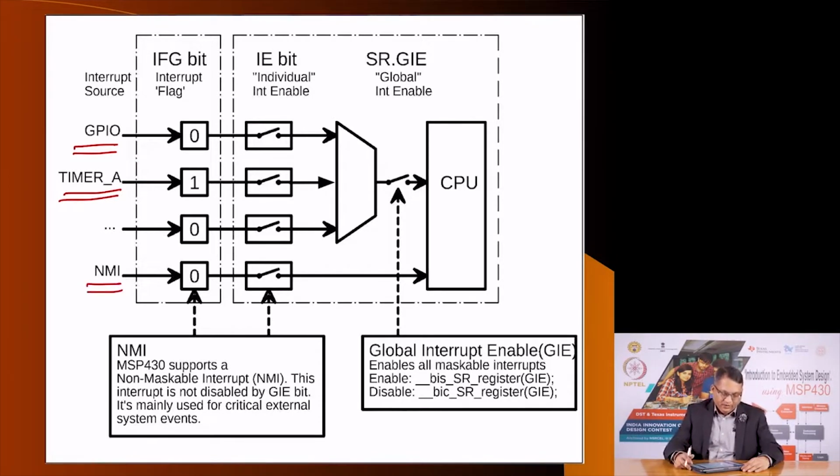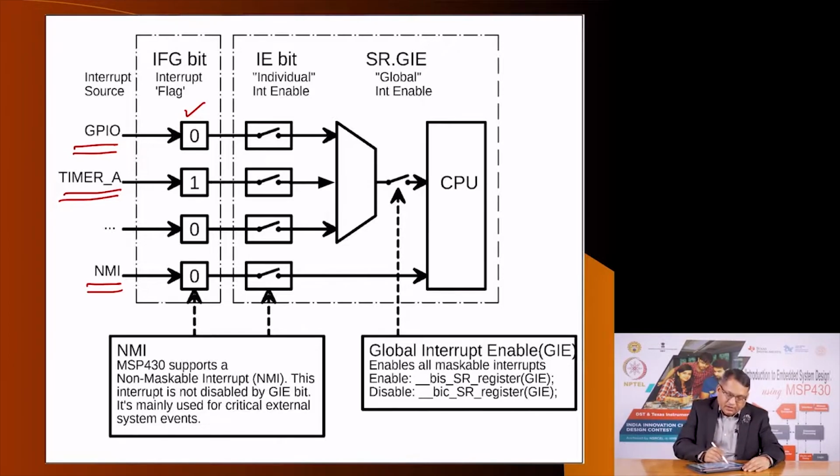Now, the first important consideration for an interrupt to be serviced is that it must generate a request, it must generate an event, and when the event is generated, it is captured in a register called the interrupt flag register. So, if the flag is 1, that means there is an external event. However, it is up to you, do you want to respond to that event or do you want to ignore it? And the second part of this block diagram shows you that.